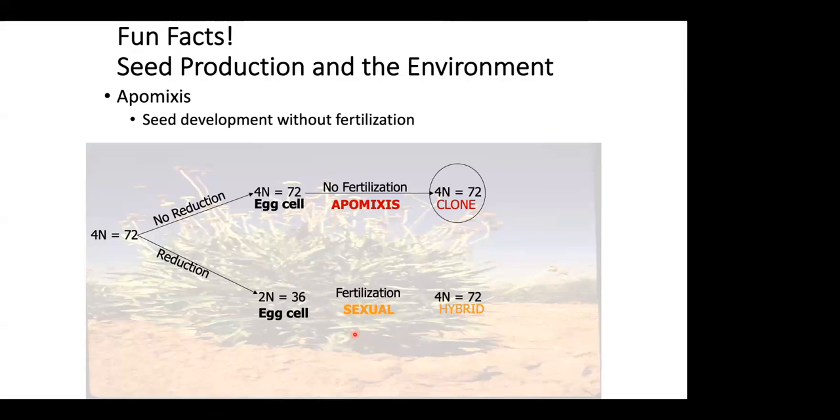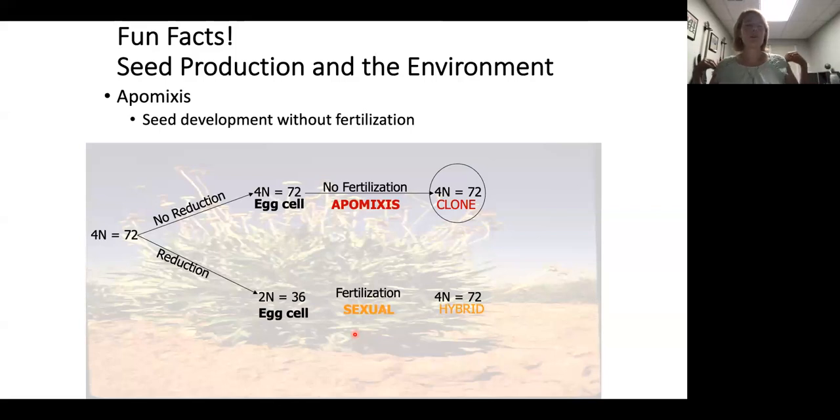But as the progeny get further and further away from the maternal plant, they are more likely to undergo sexual reproduction and basically toss the dice and see if they can get progeny that's actually going to be more adapted to the new environment. It doesn't necessarily have to do with dormancy, but it's a fun seed fact that I thought I would throw in there, because it shows you how wacky and cool different plants are.